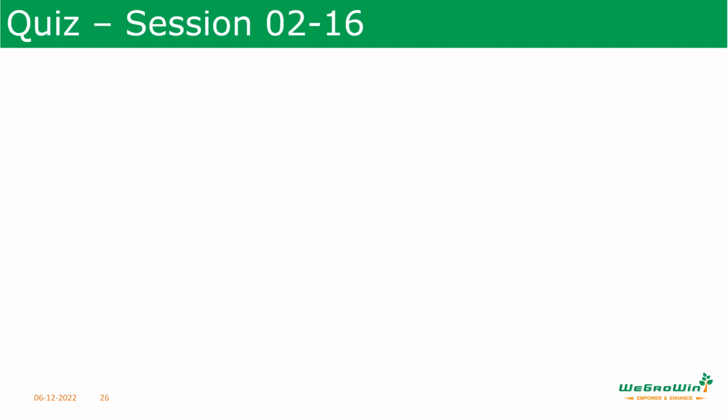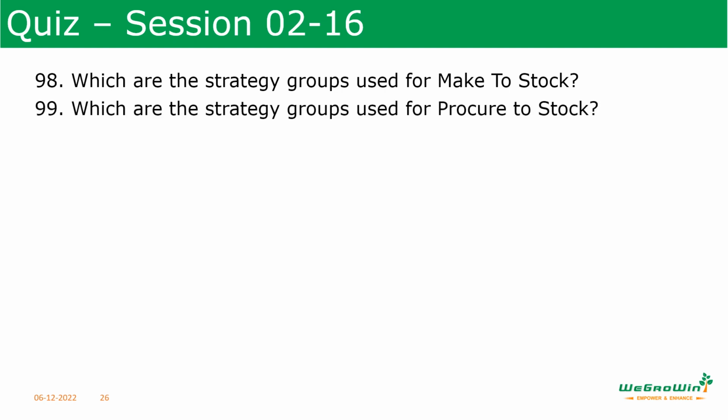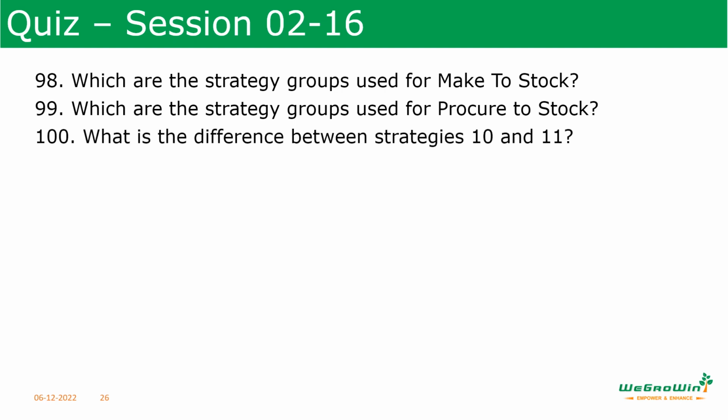So now let us see the quiz for this session. Which are the strategy groups used for make to stock? We discussed some strategy groups here. Just list out even one, two, or three strategy groups for make to stock. Which are the strategy groups used for procure to stock? What is the difference between strategy 10 and 11?